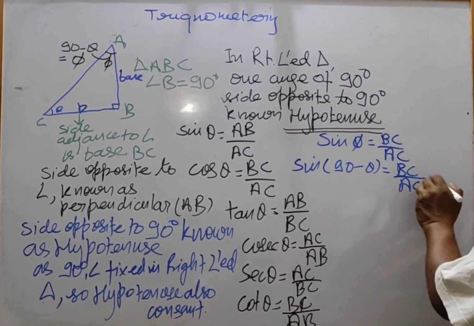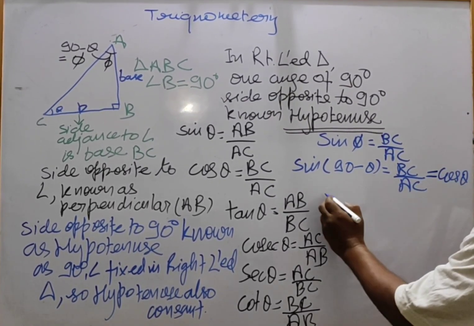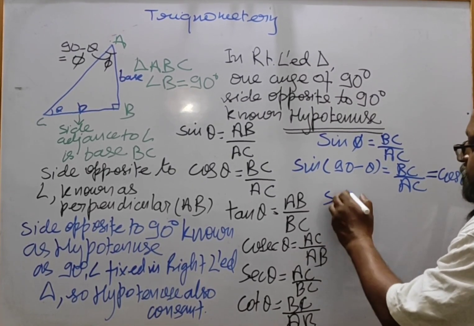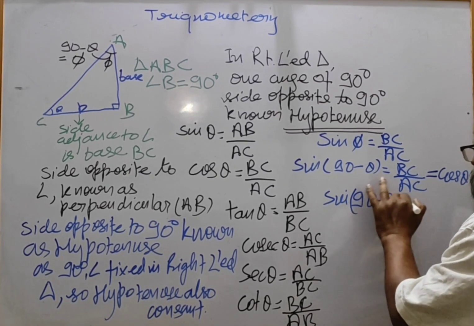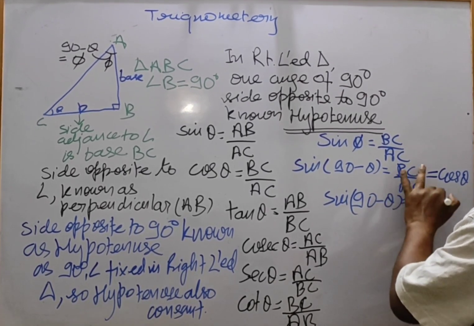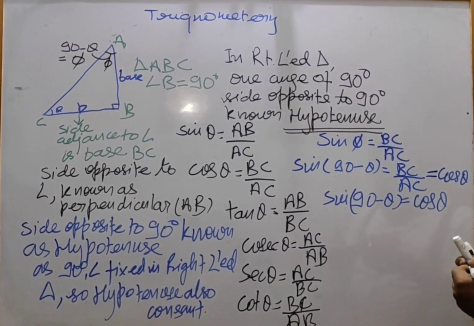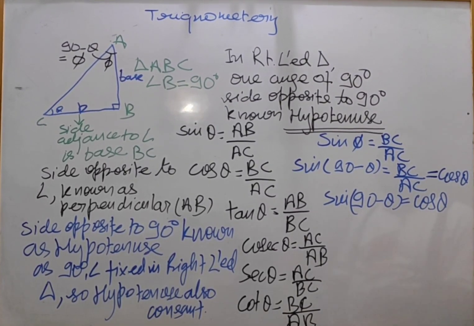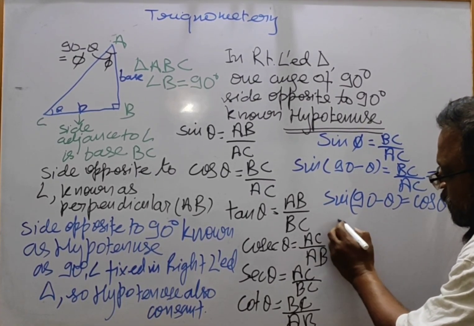So it means cos theta. So you get sine 90 minus theta, you get cos theta. Get it? Right.